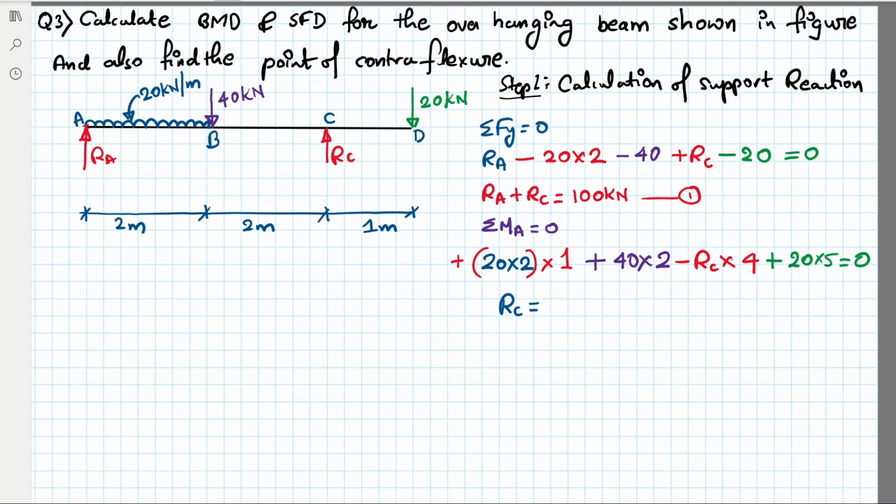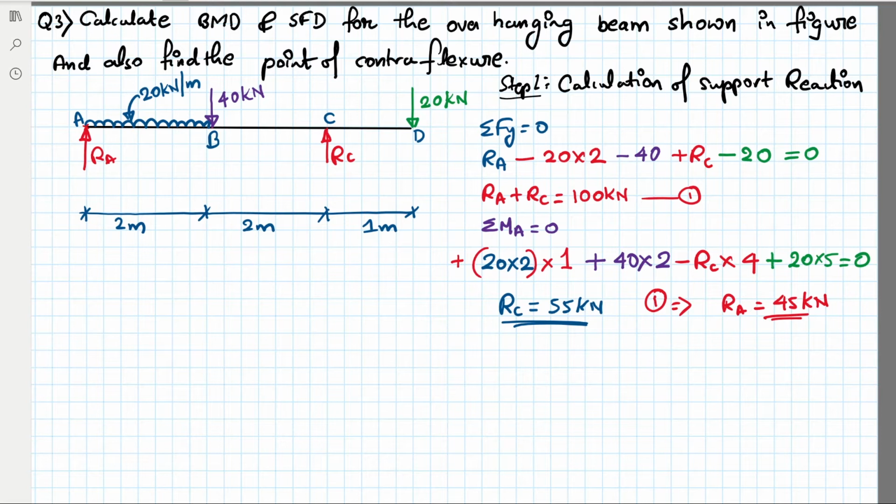RC is equal to 55 kilonewton. If I substitute that in equation number 1, we get RA equal to 45 kilonewton. So I got the reactions, that is our first step.